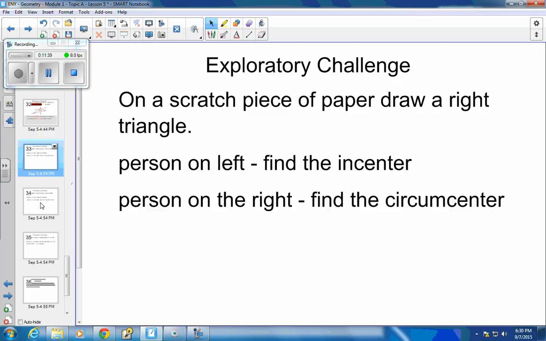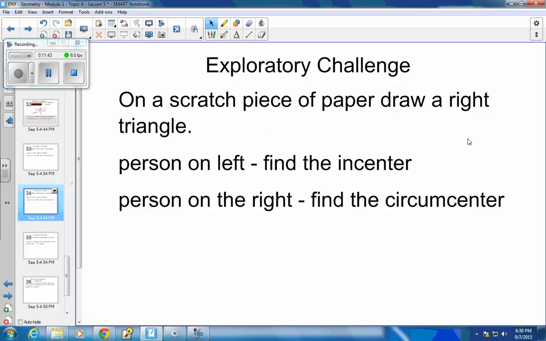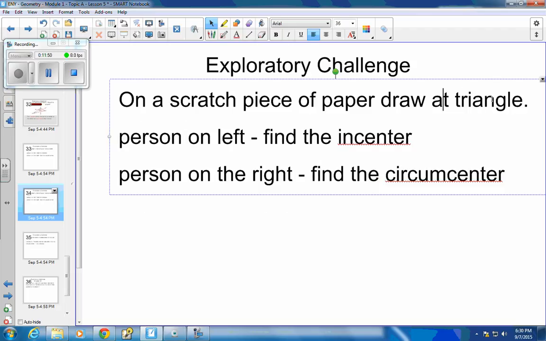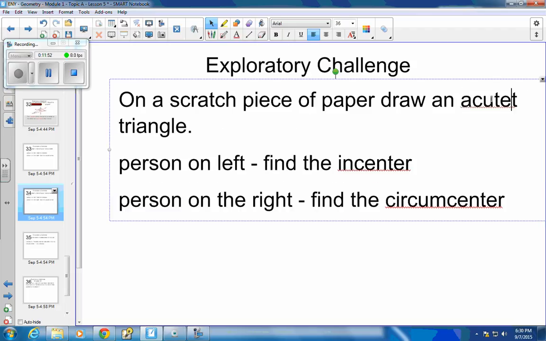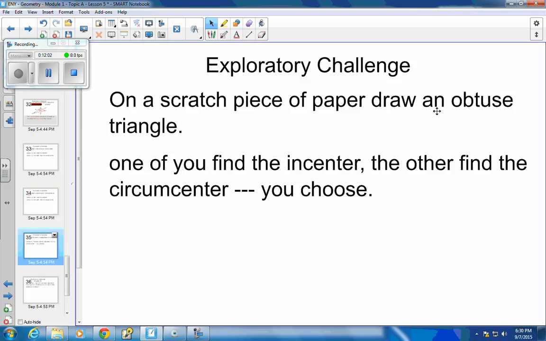Oops, that's right, I should have made this one acute. There we go. So we're going to do that 3 times. We're going to draw right triangles, incenter and circumcenter, acute triangles, incenter and circumcenter, and then obtuse triangles, and do the incenter and circumcenter, and see what you notice about the 3 things.